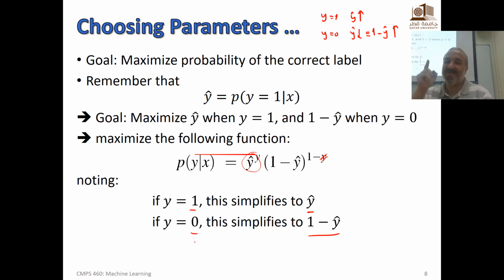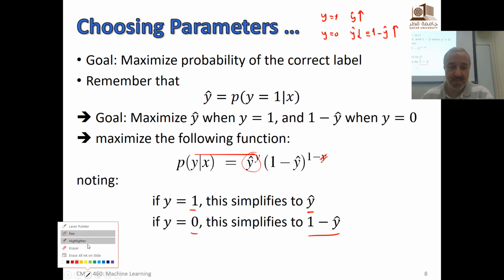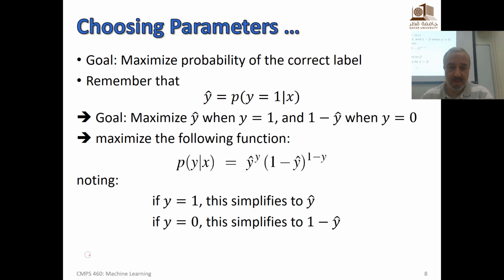You saw something similar before, which is the likelihood function of the Bernoulli distribution. Because we have two outcomes there, 0 or 1, we also have two outcomes here. So it is similar to the Bernoulli function.